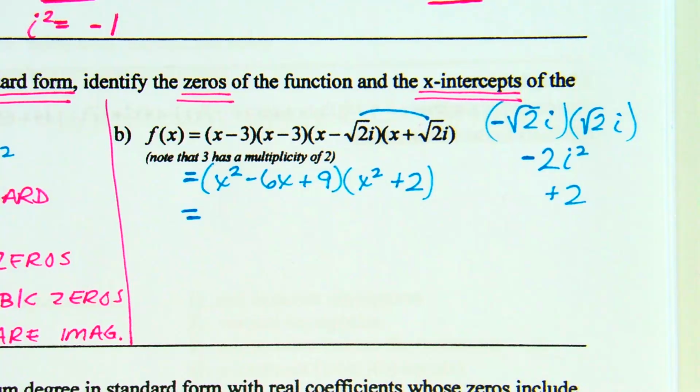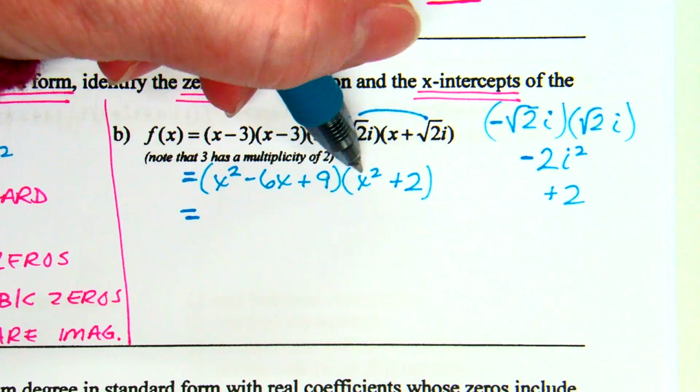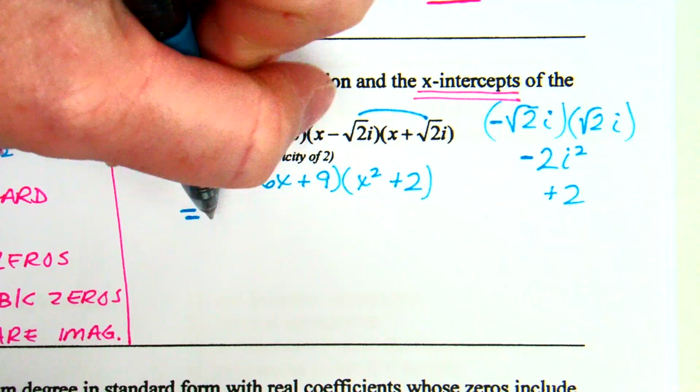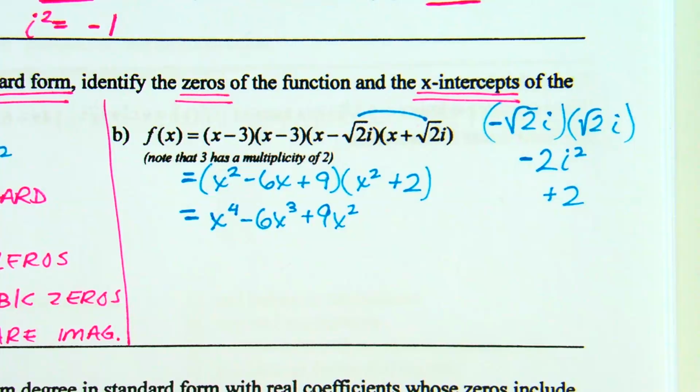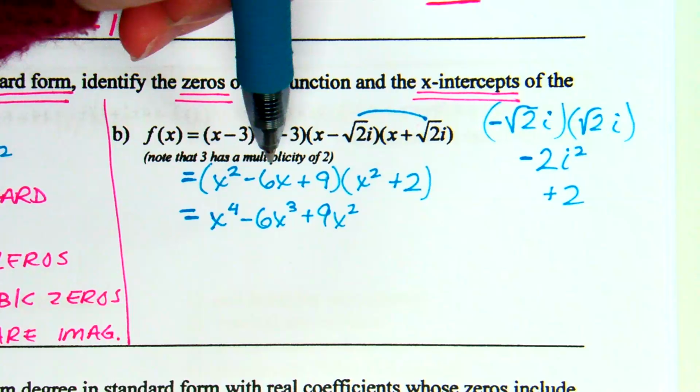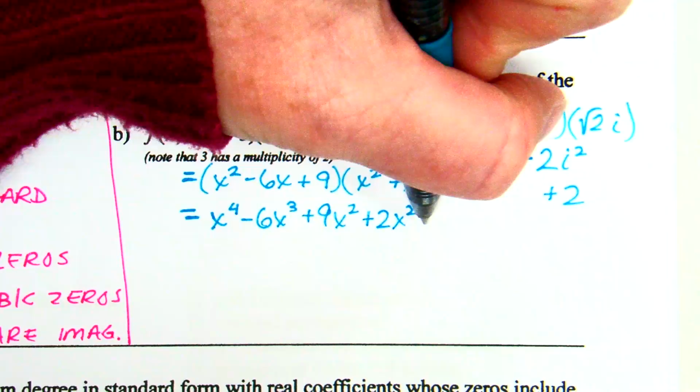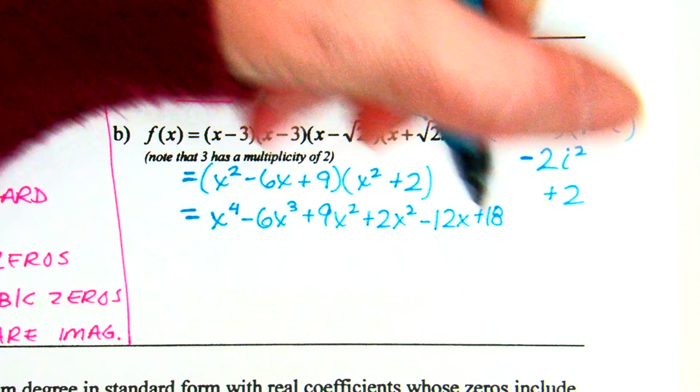I like to take the x squared from the binomial and multiply it by everything in the trinomial. So that's going to become x to the 4th minus 6x cubed plus 9x squared. And then I'm going to take the 2 from the binomial and multiply it by everything in the trinomial. So plus 2x squared minus 12x plus 18.